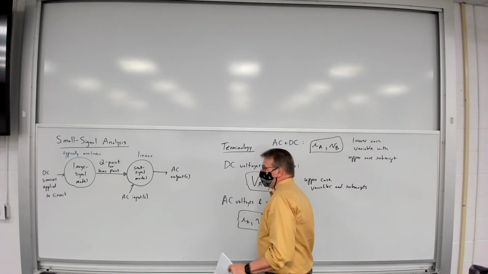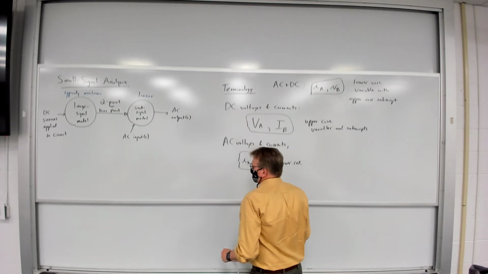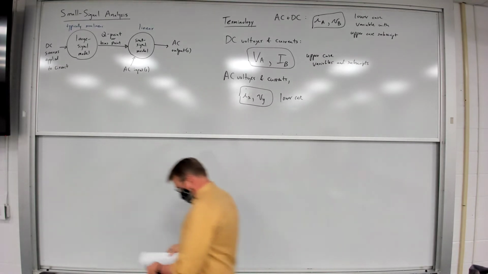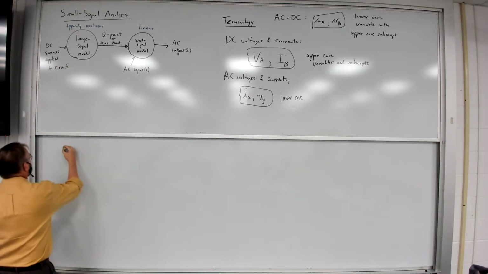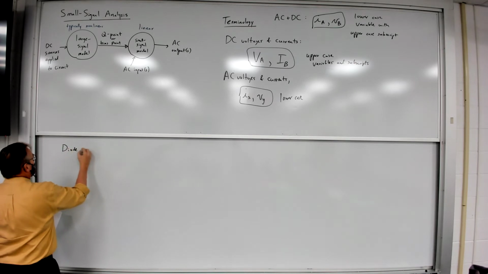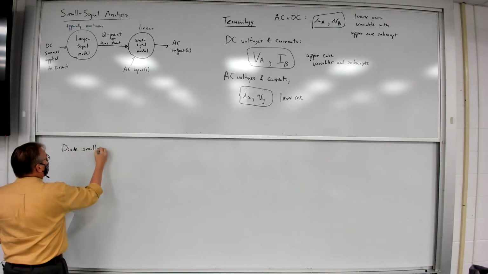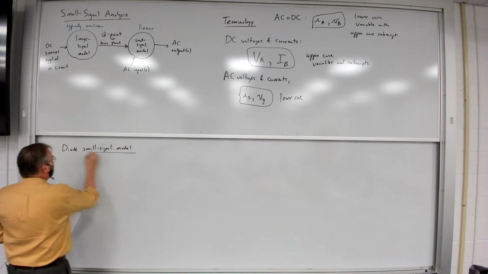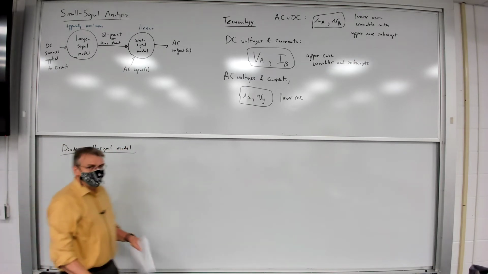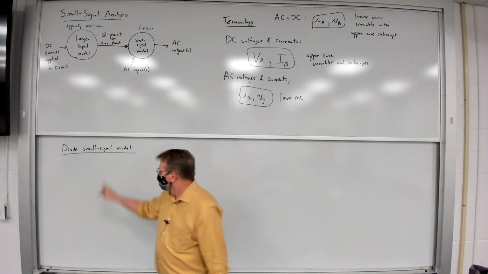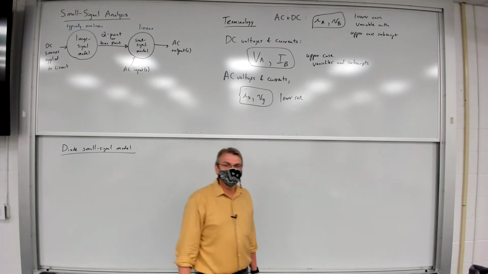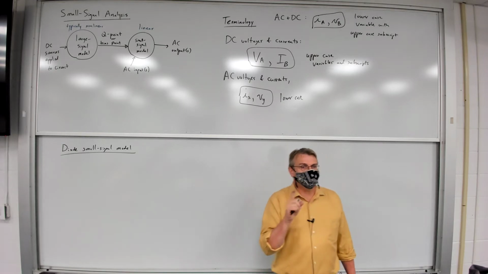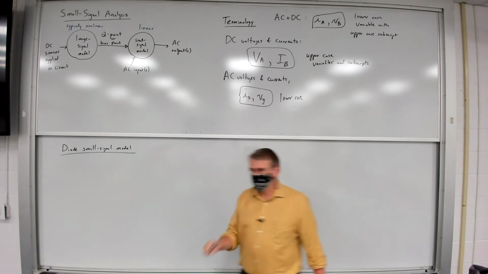Now let's talk about our small signal model for the diode. First of all, the small signal model is only going to matter to us when the diode is on. So we're going to look at the small signal model assuming forward bias.